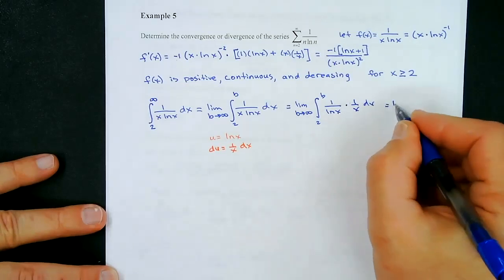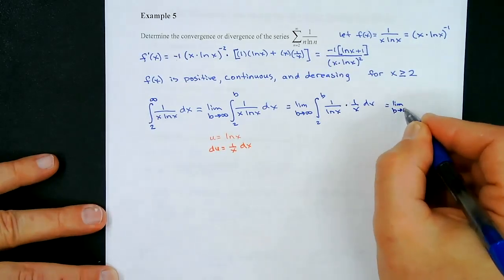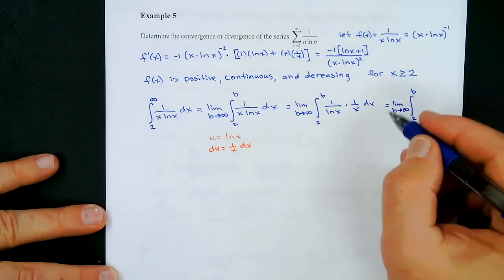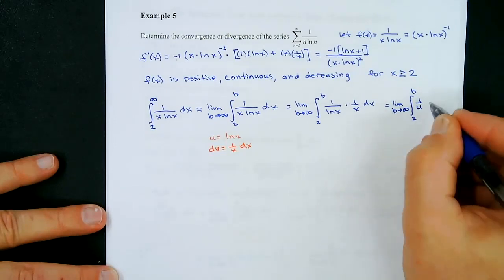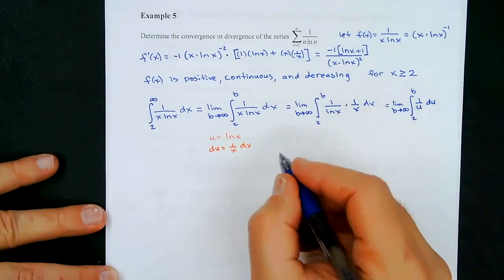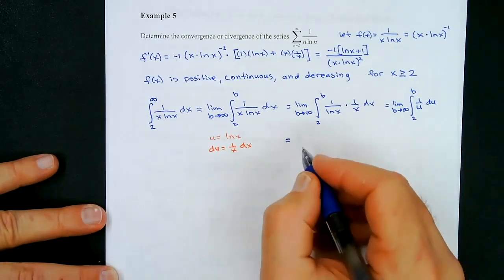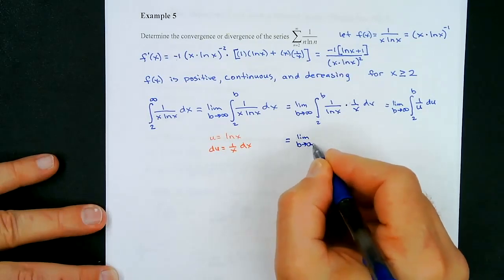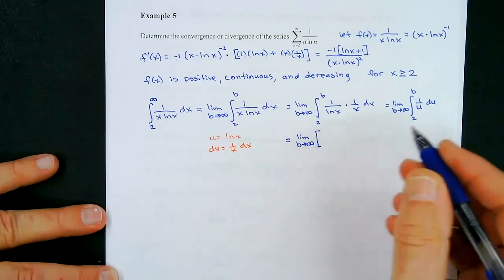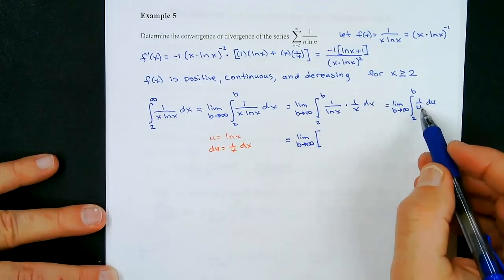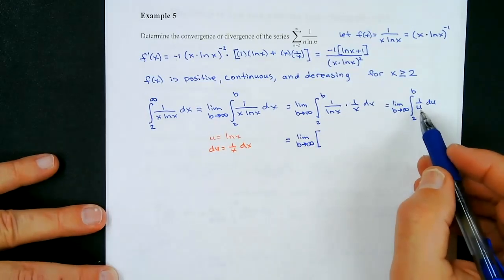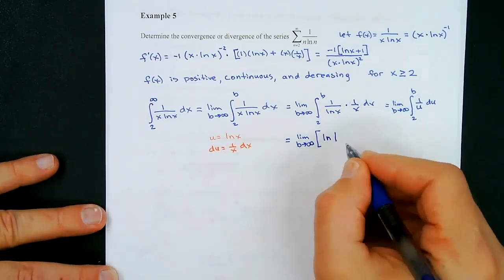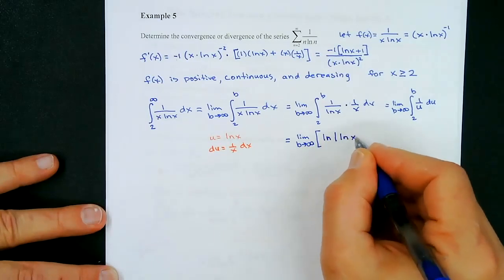So this is the limit as b approaches infinity of the integral from 2 to b of 1 over u du. The integral of 1 over u would be ln of the absolute value of u, but u is ln of x, so this is ln of the absolute value of ln of x.